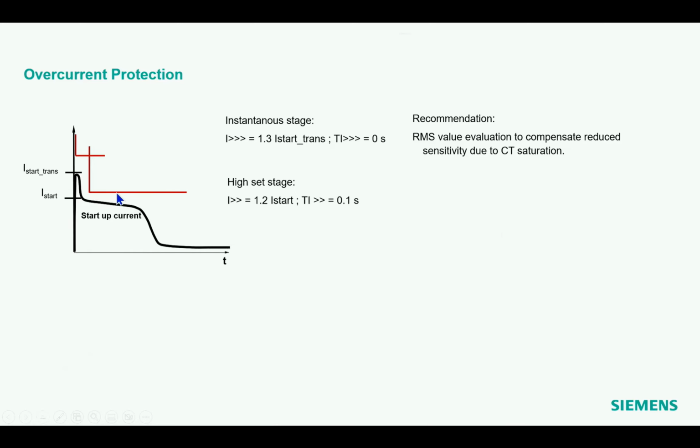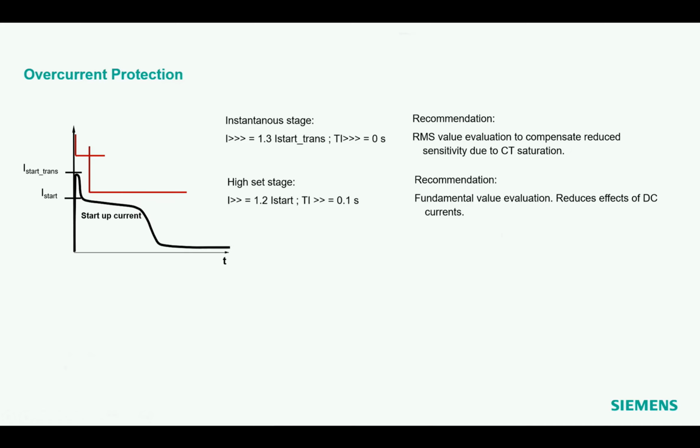However, the bad point is it must be over the start current. Here the recommendation is to use fundamental values, because these fundamental values reduce the effects of the DC part of the currents. So we are closer to the sine curve value of that.